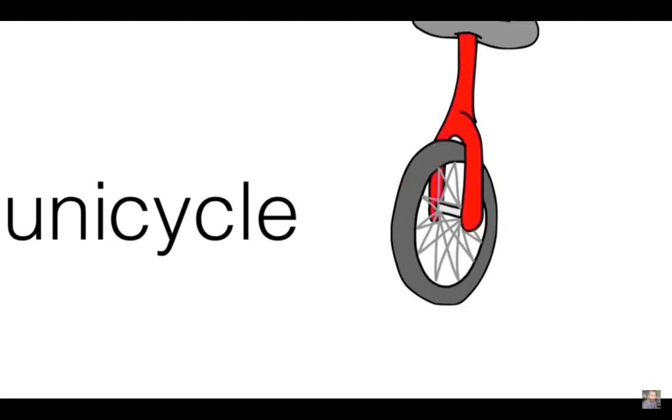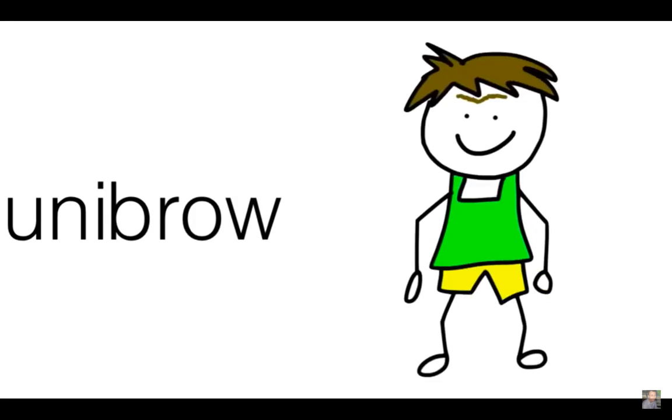The meanings of these words can be determined by understanding prefixes. A unicycle is a bicycle with one tire. A guy with one eyebrow has a unibrow. In both cases, the prefix uni was used as the word one.